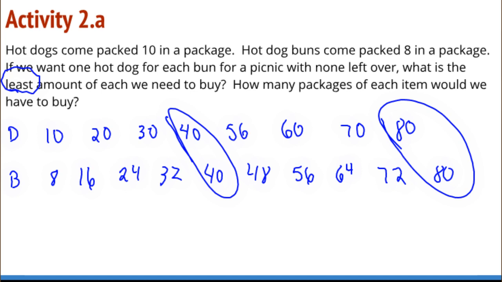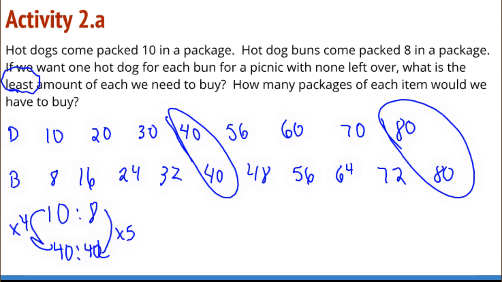So it would appear to me that I need 40, there's my 10 to 8, so I would need 4 of the packages of hot dogs, and I would need 5 of the packages of hot dog buns.